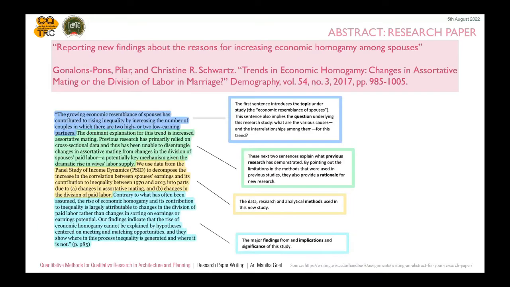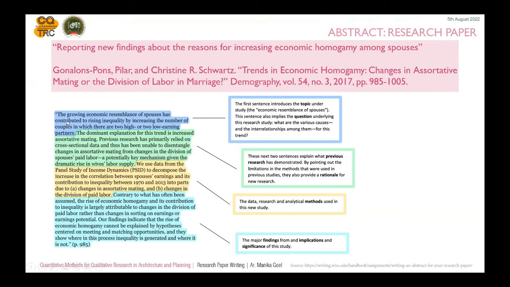So I'm taking one example of how an abstract has been written in one paper. This abstract is from a paper reporting new findings about the reason for increasing economic homogamy among spouses. We can see here it has been divided into four color codes. Let me read it out for you.